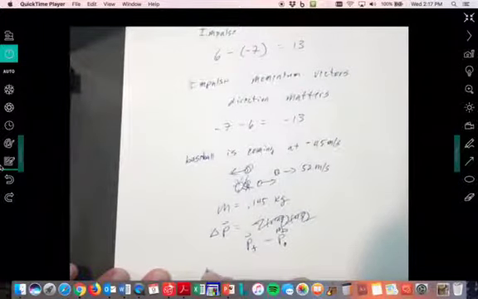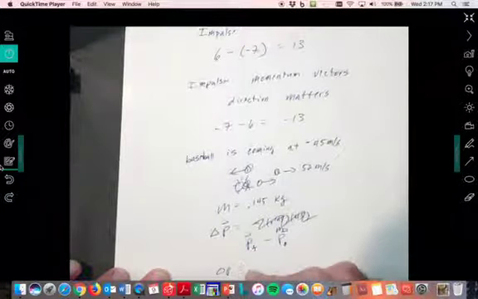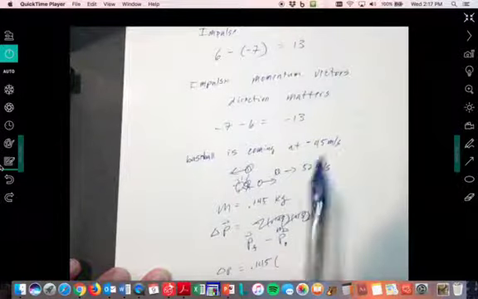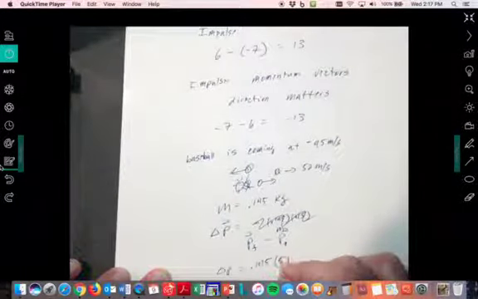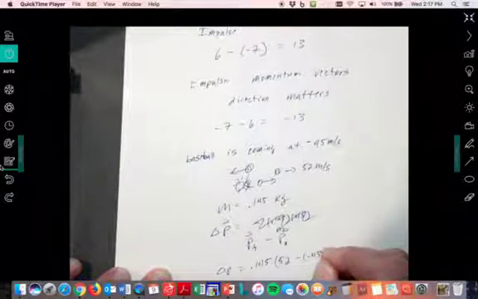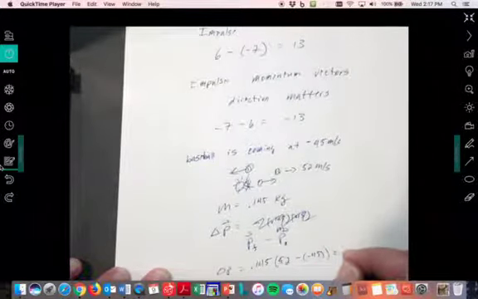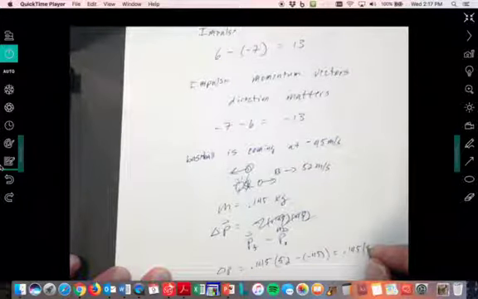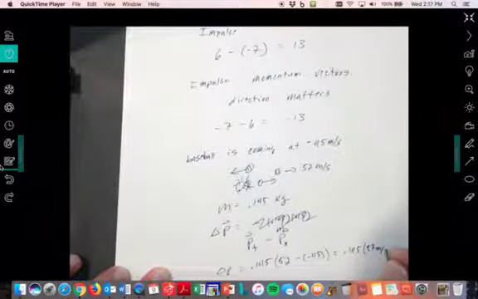So the change of momentum would be, well, let's just put the 0.145 because that's in both of them, the 52 minus -45. So I wind up with 0.145 times 97. Is that right? 97 meters per second.